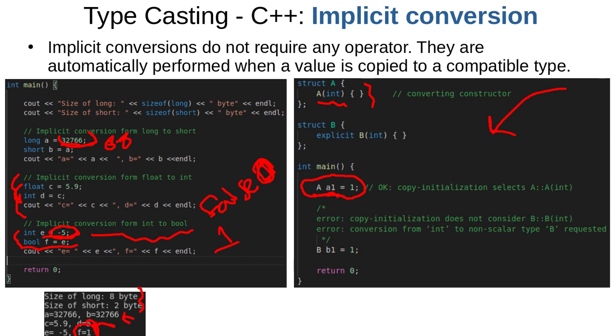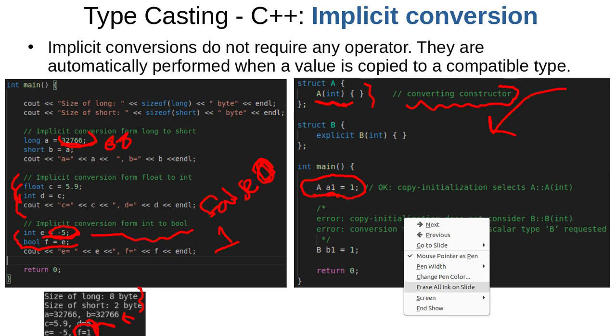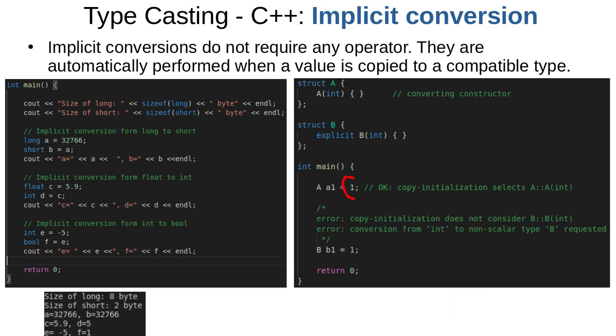Since we have this constructor that takes an integer in its parameter, it's considered a converting constructor, and in this case 1 can be converted into an object of type A.